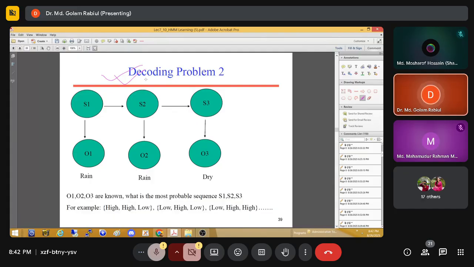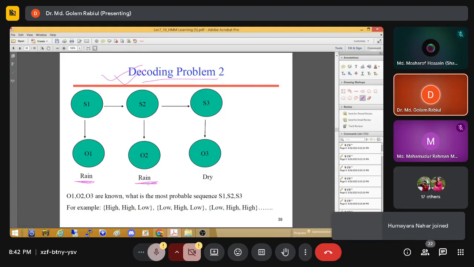Let's say we want to answer the questions of our weather model. Maybe on the first day we observe rain, on the second day we observe rain, and the third day is a dry day.